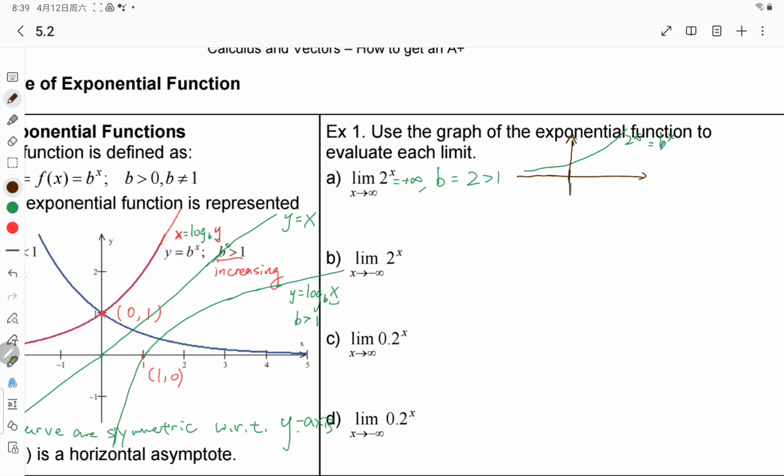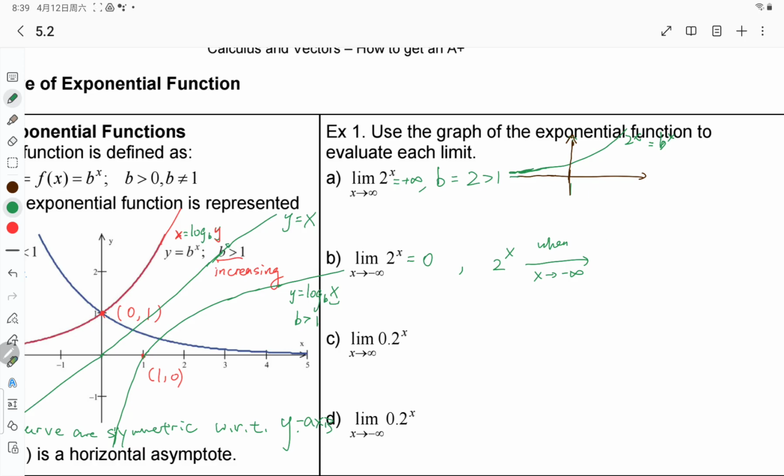Right. Yeah, so here it is not going to negative infinity anymore, right? I should say this actually has an asymptotic limit that is 0, right? 0, which is the horizontal line. So 2 to the x, when x is going to negative infinity, is asymptotically approaching the horizontal line.